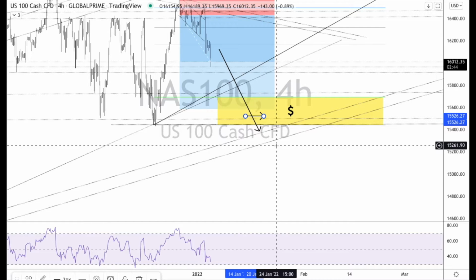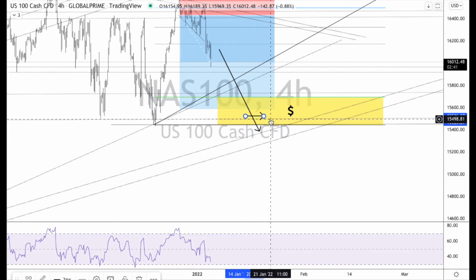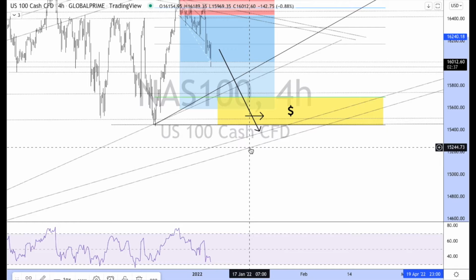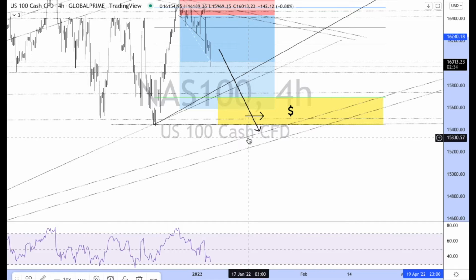But I will not be doing a market buy because I have no idea how deep this fall is going to be. And if you look at these two areas right here, these are two price action zones, okay?